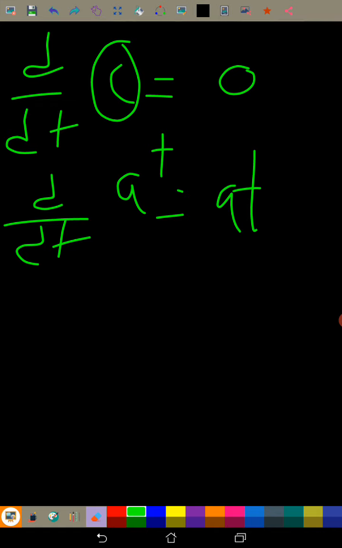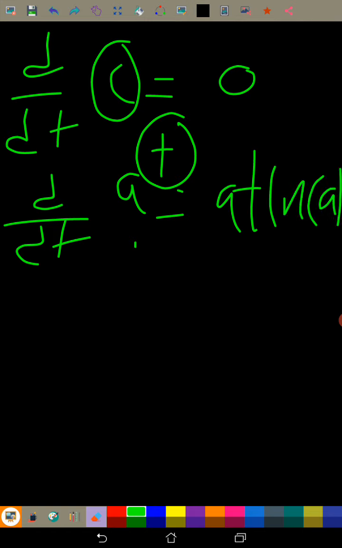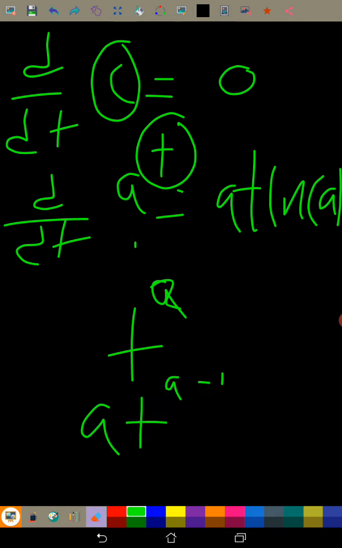Actually, because we're differentiating t here, and it's in the power, it's going to be ln a here. It's not the power rule. It's not like t squared or t to the a, which would be a t to the a minus 1.